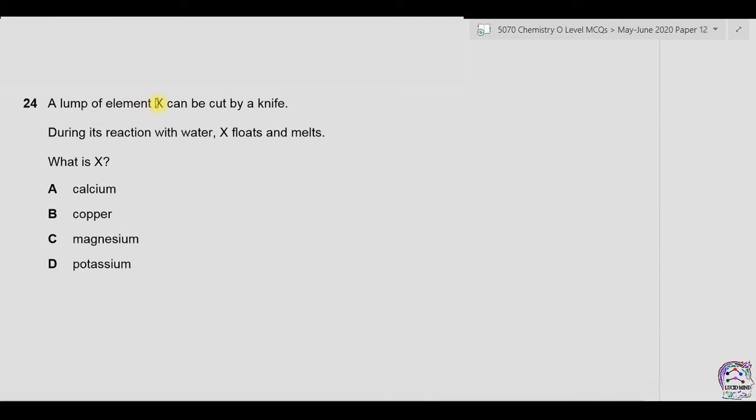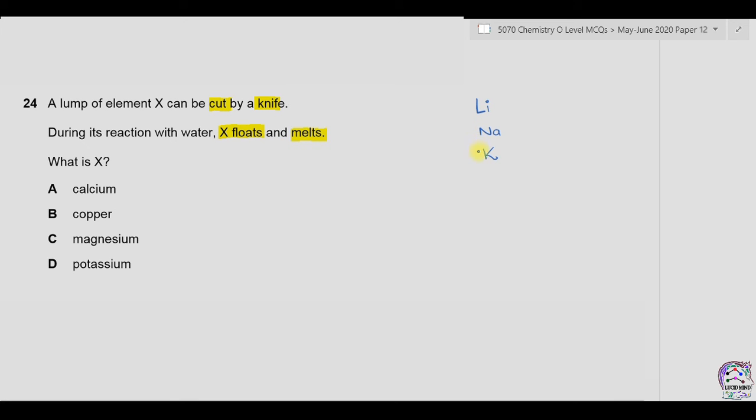Question 24. A lump of element X can be cut by a knife. During its reaction with water, X floats and it melts. Now we know that alkali metals have some properties like this. So we have lithium, sodium and potassium. They are less dense than water and therefore they float on the surface of water.